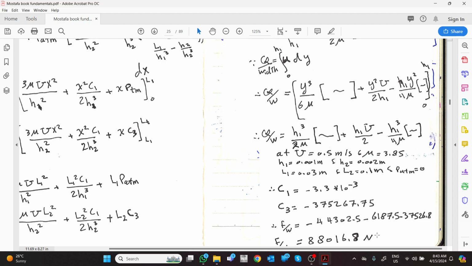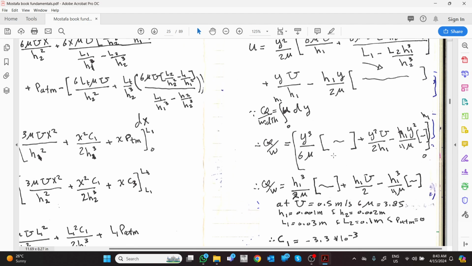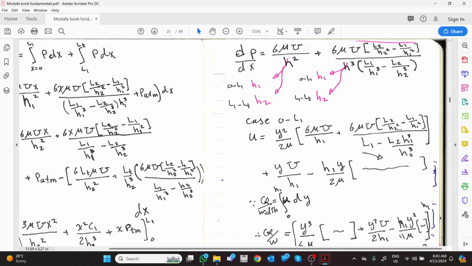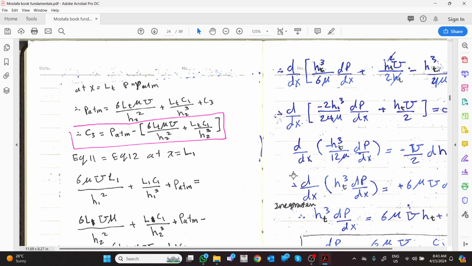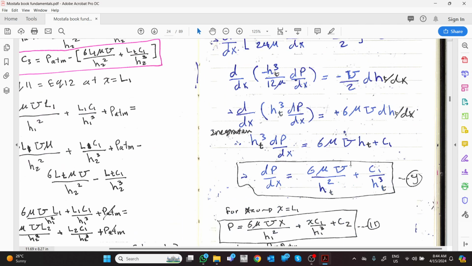And if you need to calculate the flow rate, we also calculate separately here, it is the same concept. Plug the numbers here, which is from here, then you will get it. If you go to delta B, you calculated C1 already.